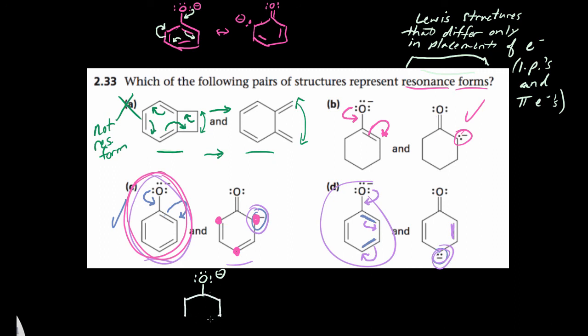Where are the sites of negative charge? You can say it's on oxygen because it's obvious from this resonance structure, this Lewis structure, but if you draw these other resonance structures, this one, and this one, you'll be able to predict that there's a partial negative charge here, a partial negative charge there, a partial negative charge there.